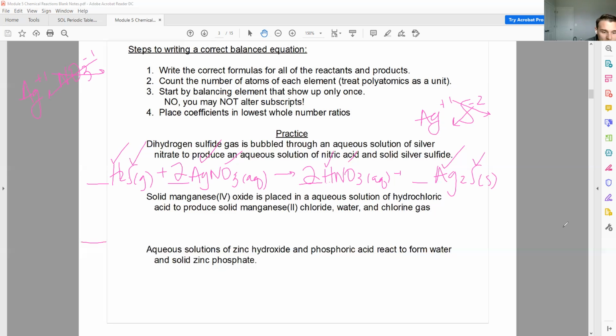So the next one, solid manganese 4 oxide. So manganese plus 4 oxygen -2 gives me Mn2O4, and of course we can reduce that down to MnO2, solid, is placed in an aqueous solution of hydrochloric acid to produce solid manganese 2 chloride, MnCl2, oh, solid, excuse me.